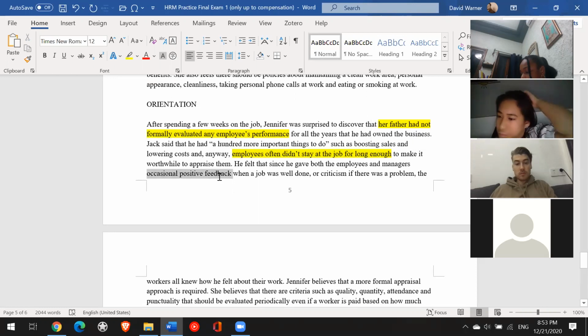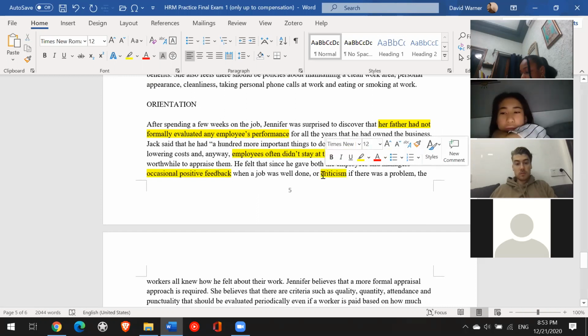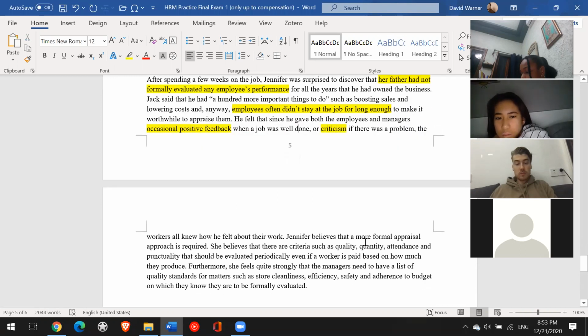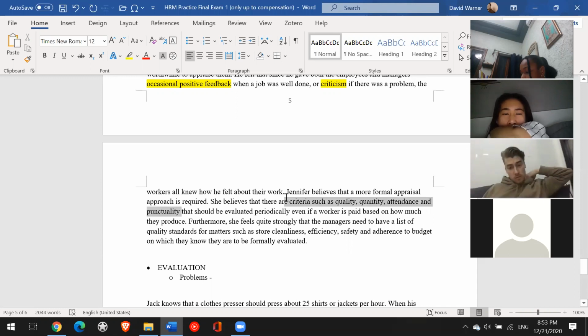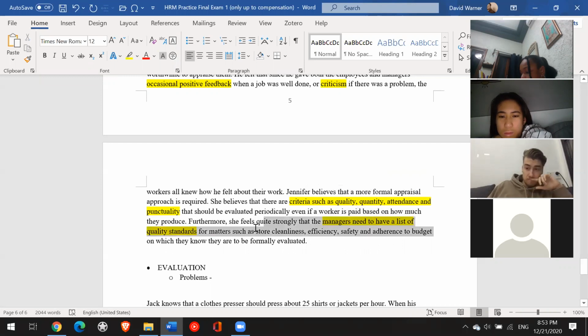He gives occasional positive feedback or criticism. Right now, that's his method. Jennifer thinks there should be a more formal approach, and she's interested in some of these criteria. She also said the managers should have a list of quality standards, and she gave a few that she thinks are important. So we have some information in the question that we can use.